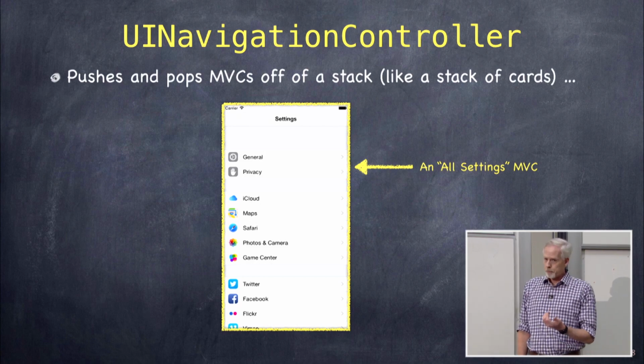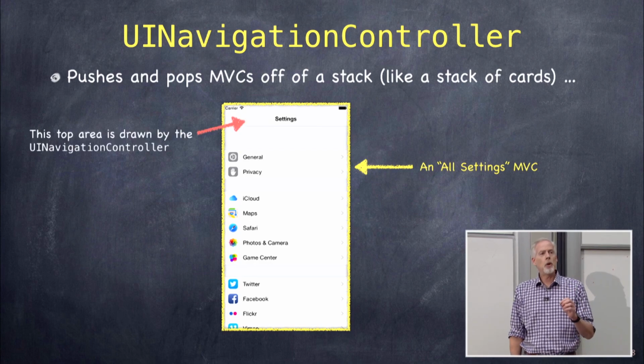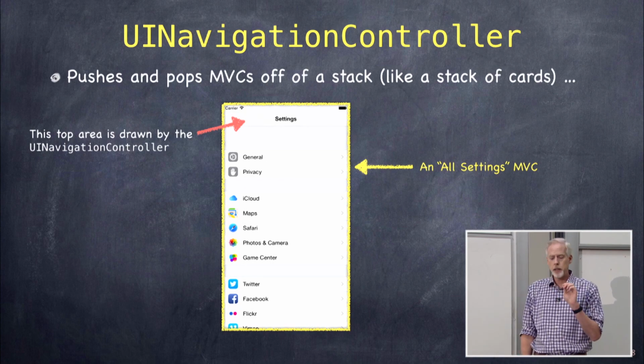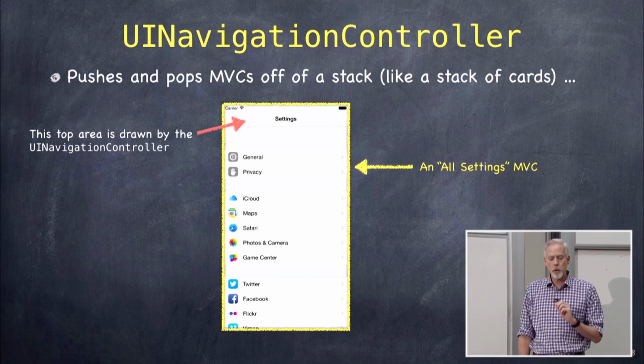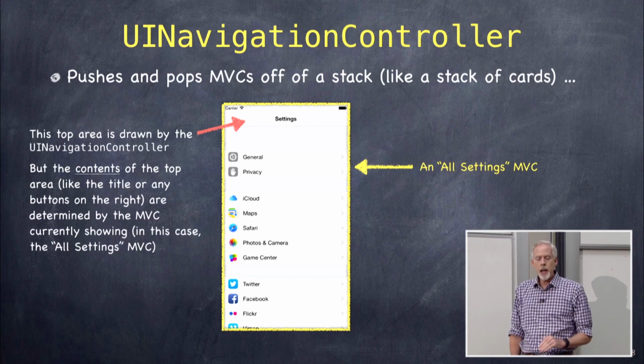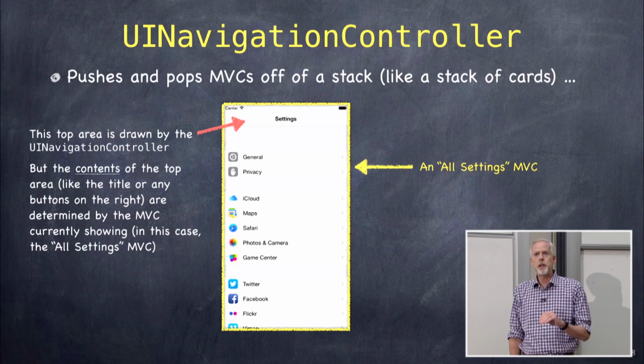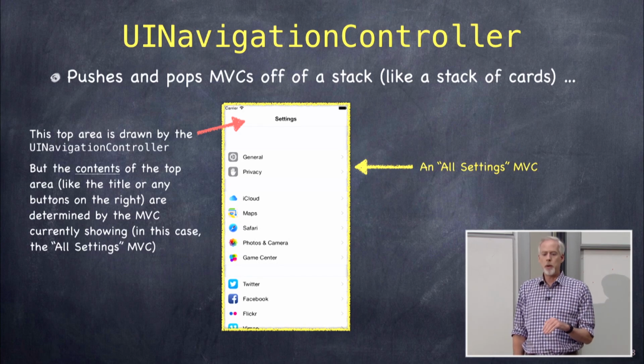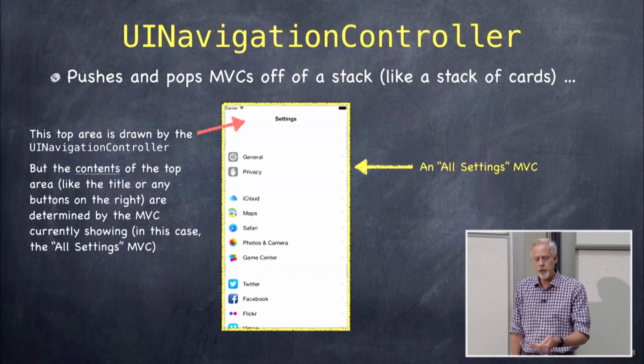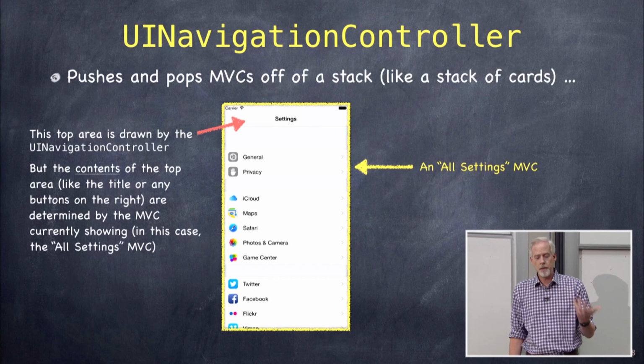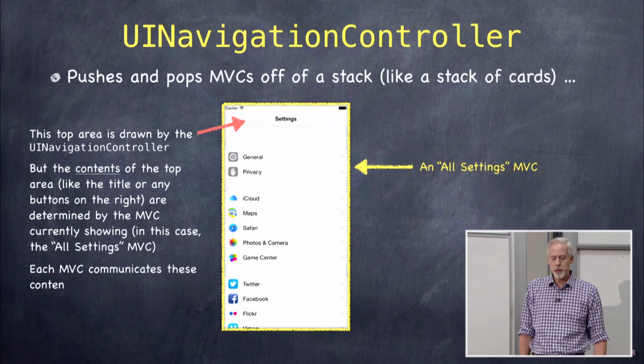So it's like a card stack where the stack are MVCs. And you can see that the NavigationController, as part of its view, does actually draw a little bit. At the top, it draws a little title there. It says Settings. That's not part of the MVC that's showing right there. But the contents that are in that title are driven by whatever MVC is on top of the card stack, the one that's showing. So that's called Settings because the MVC that's there is the Settings MVC. So it's being driven by what's there.